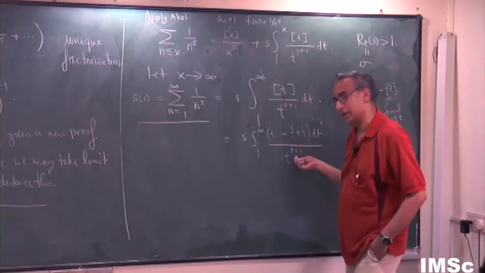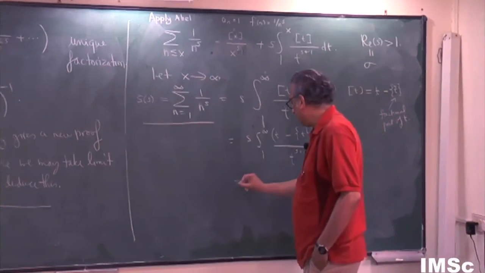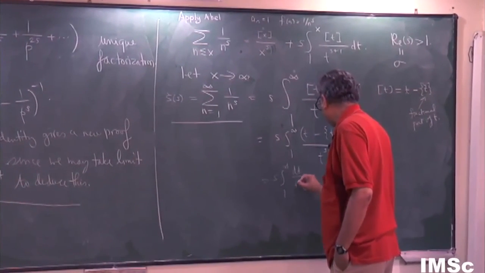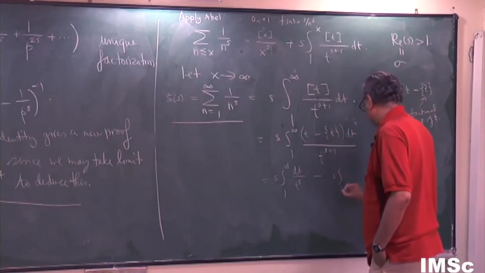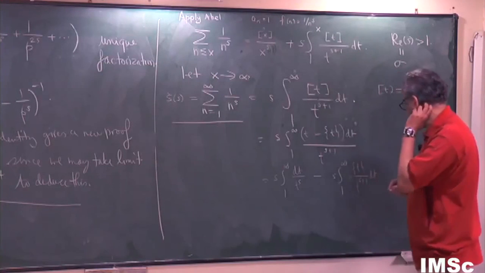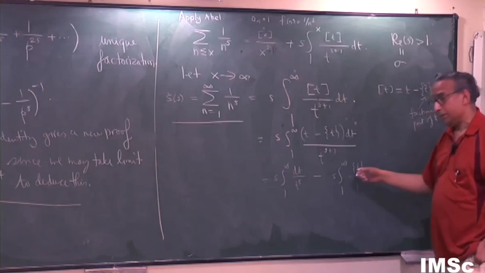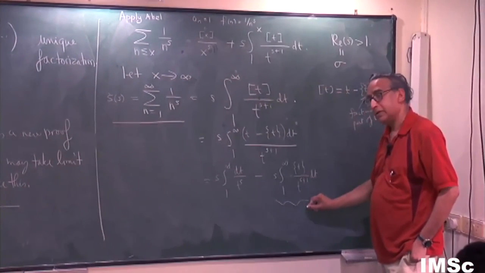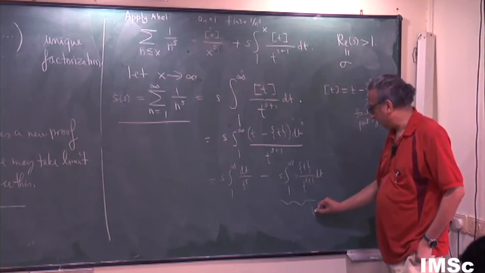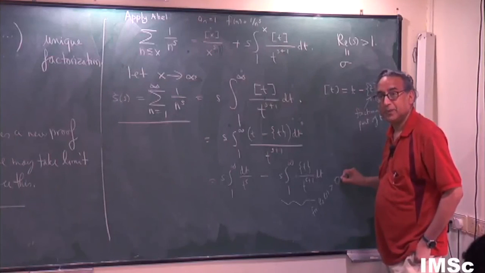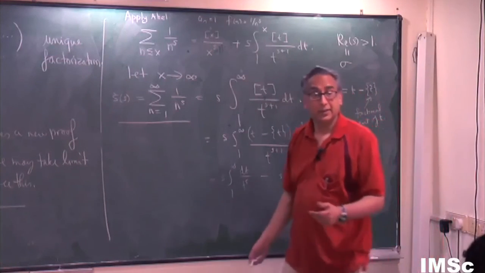Now, t over t to the s plus 1 is an integral that you can integrate. And then the other integral is like this, right? The numerator is bounded by 1. Therefore, this integral converges absolutely for real part of s bigger than 0 now, and therefore defines an analytic function in that region.